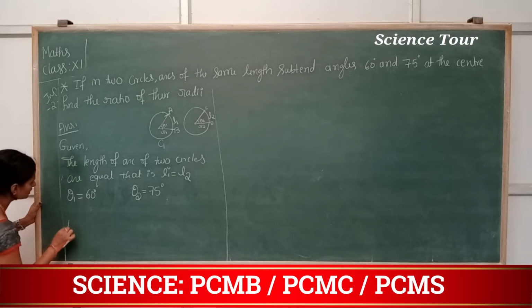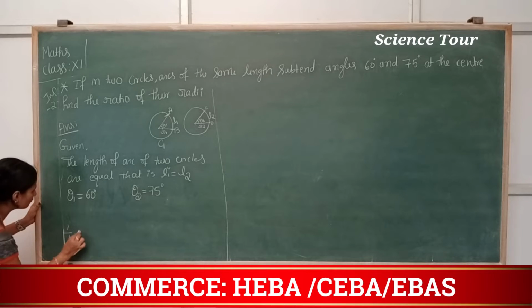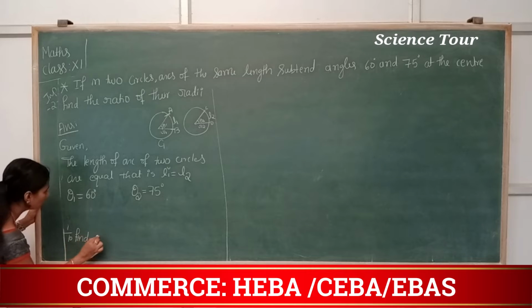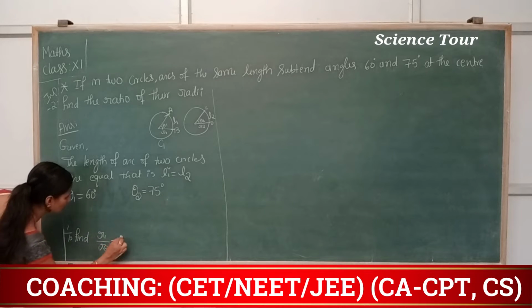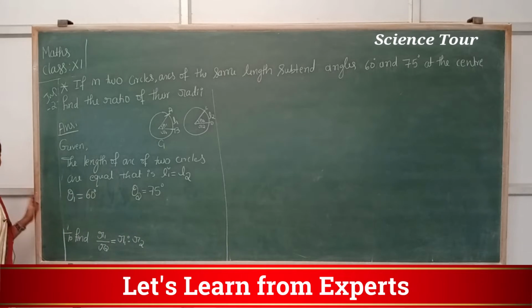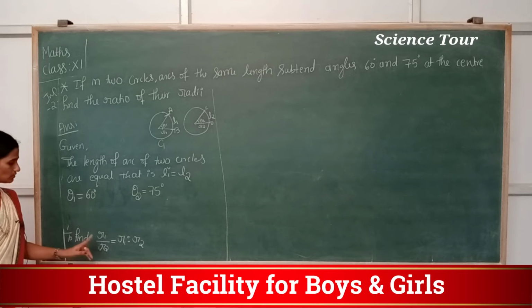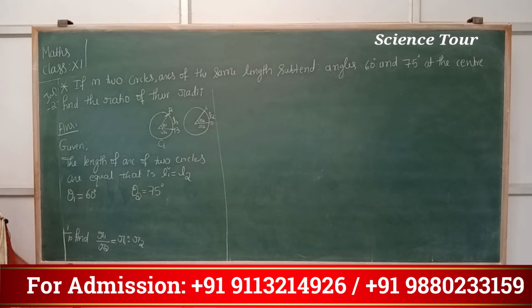So find the ratio of radii means to find what? R1 divided by R2, that is equal to ratio R1 is to R2 or R2 is to R1, that you have to find.